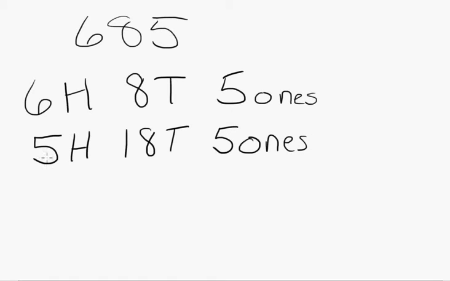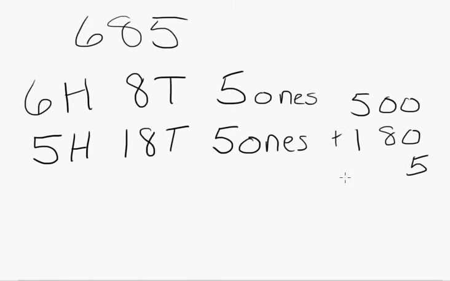Now, if we want to make sure that it adds up to 685, we can have 500. Then 18 tens: 10 tens is 100, then 8 more tens would be 110, 120, 130, 140, 150, 160, 170, 180, so we have 180, and then 5 ones.